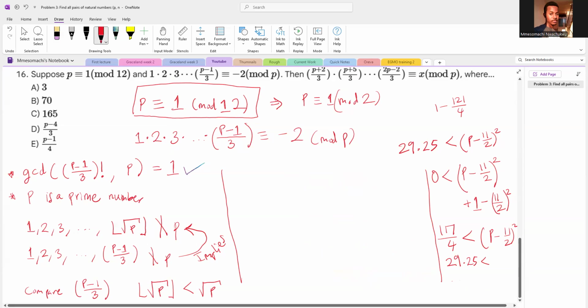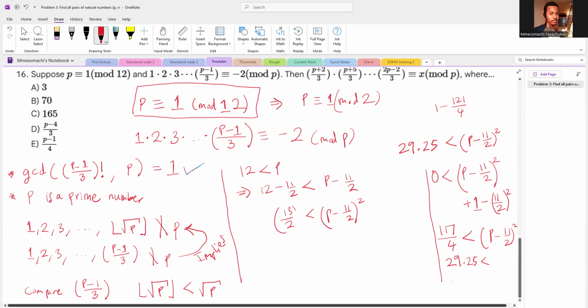If P is greater than 12, then 12 is less than P. Subtracting 11 over 2 from both sides, 12 minus 11 over 2 is less than P minus 11 over 2. 24 minus 11 gives 13 over 2 less than P minus 11 over 2.